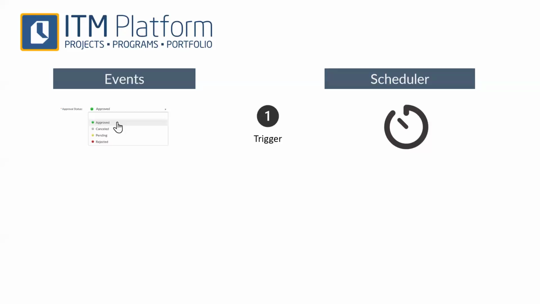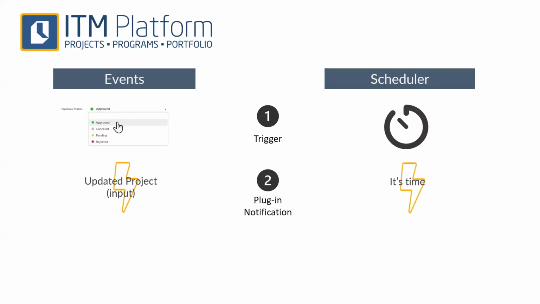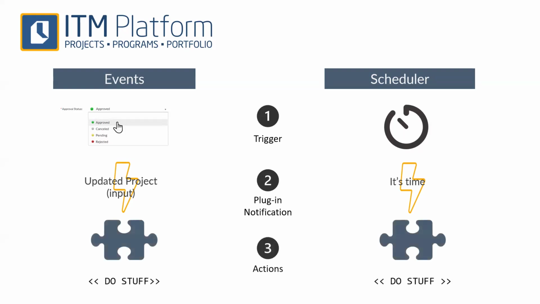So whenever something occurs, like project updated, or when we reach the time, the plugin will be activated. It will receive a notification to activate itself, and then it will do stuff. You will configure that stuff. So in the end, we need basically to understand how to identify the trigger and how to create the actions that we require.